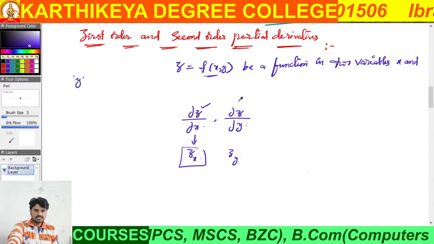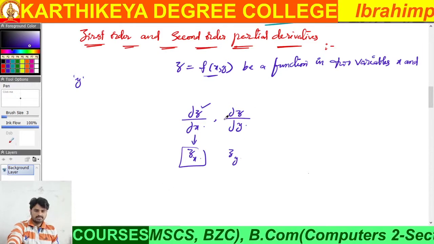So they are called the first order partial derivatives. Okay students, I hope you understand what the first order partial derivatives are.